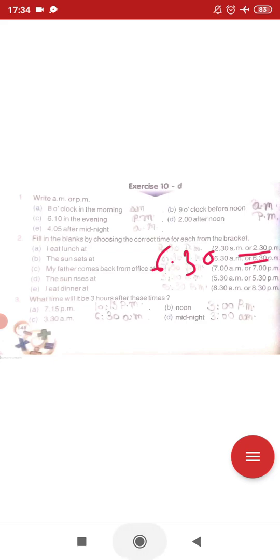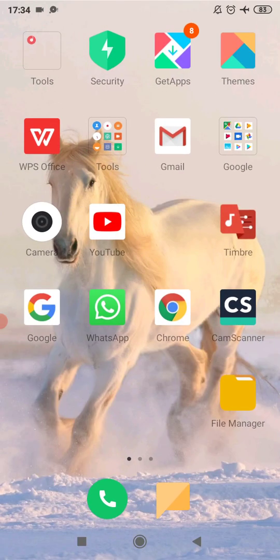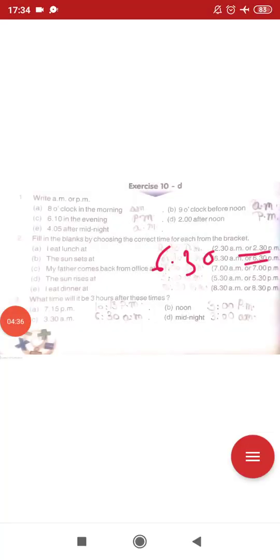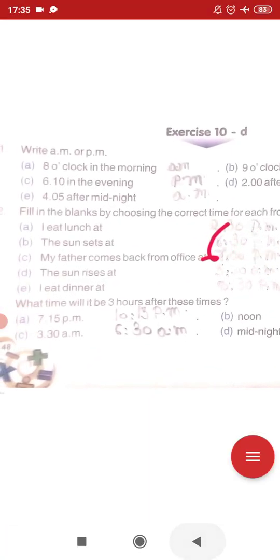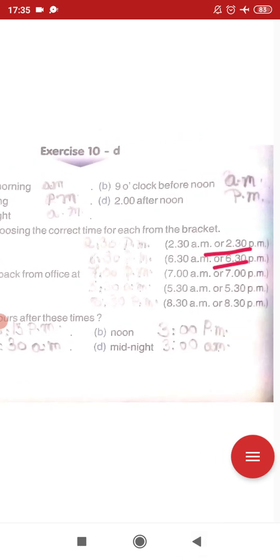Now the next statement: my father comes back from the office at 7 AM or 7 PM. 7 AM means morning, 7 PM indicates night. So 7 PM, that is the answer. That is the time when the office staff return from the office.